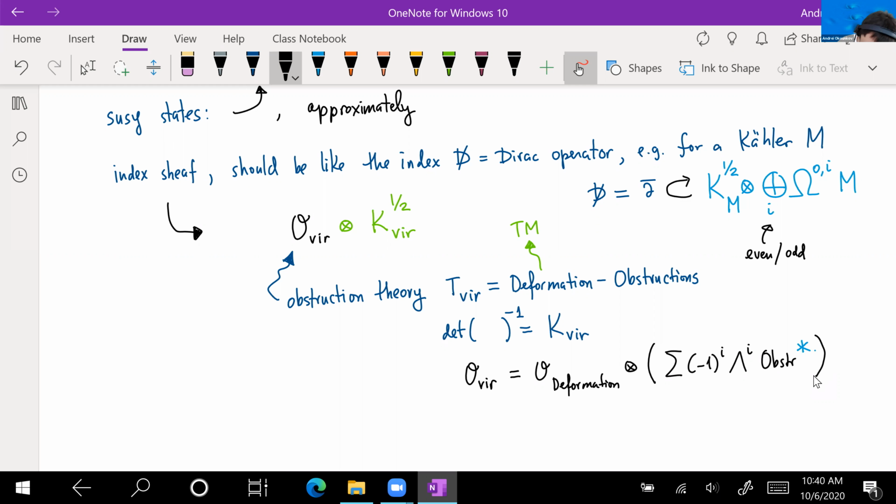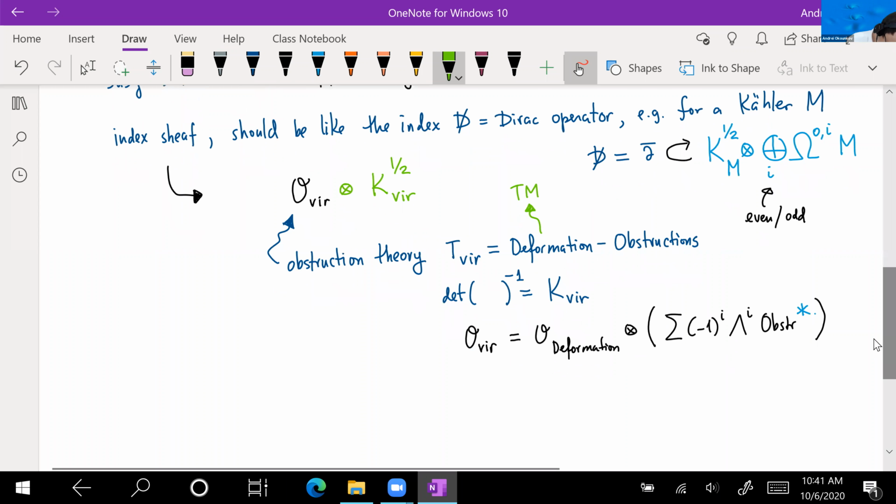And so if you want to compare with this formula here, we see that the anti-holomorphic forms by the metric are dual to the holomorphic forms, and so this altogether should be the statement that obstructions should be about the dual to the deformations.